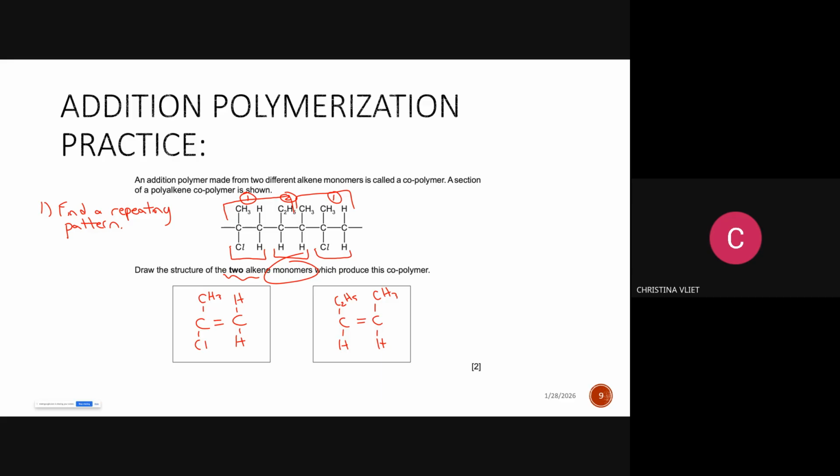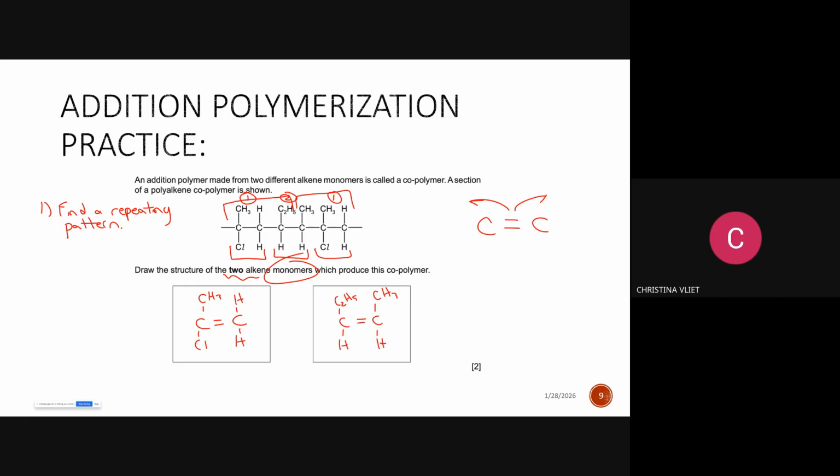They're not in the same order. So it can't be broken off that way. Make sense? Yes. Because wherever you're breaking it, it's always around 2 carbons. The polymer is always around an alkene, so it's always going to be a 2 carbon repeat unit.